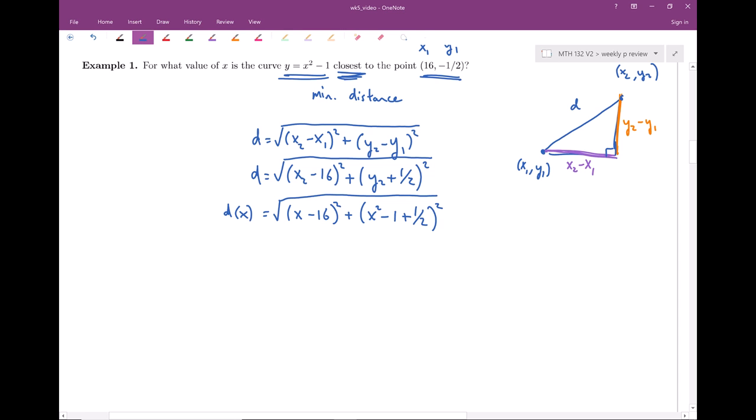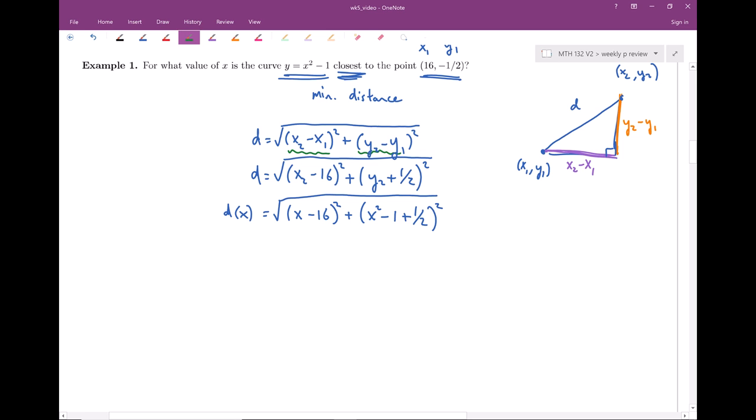Now that we have this good setup, we can go ahead and do the optimization. We're trying to find the minimum distance. One thing that I would like to do that will benefit us later on is to first see that the distance is always positive, which makes sense. The distance between 2 points is always going to be a positive number. We can see that there's squaring, and then you add more squaring, and then you take the square root.